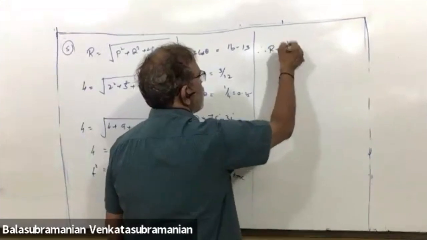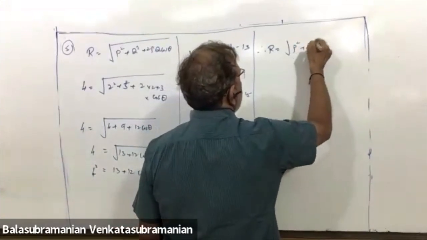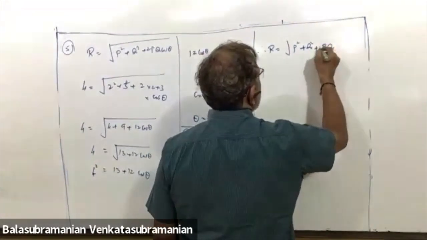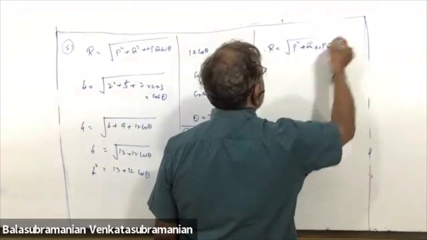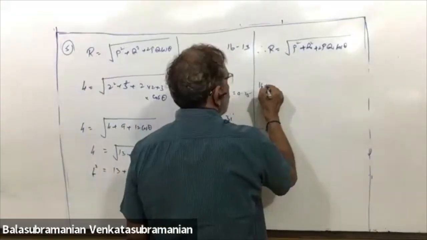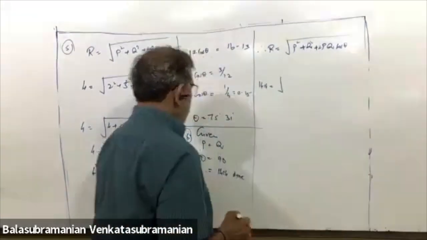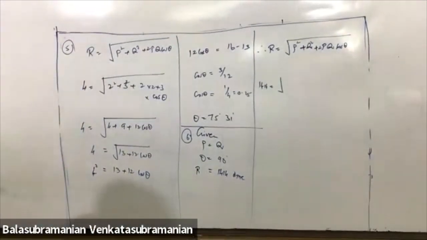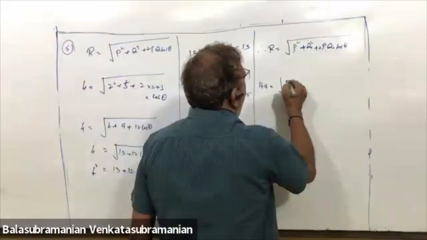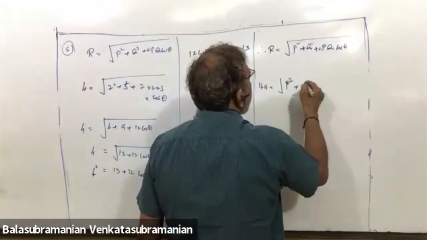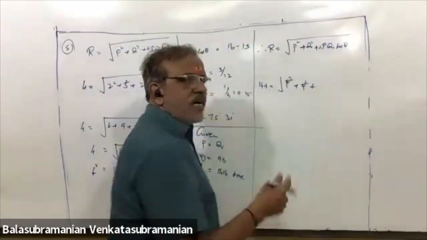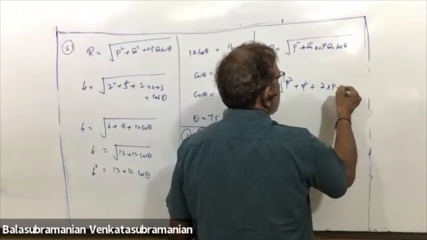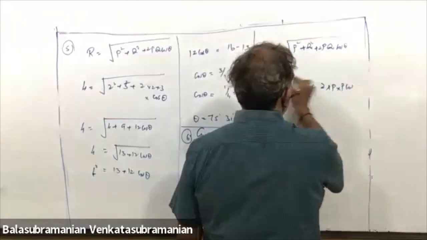Therefore, R is equal to root of P square plus Q square plus 2PQ cos theta. So 14 is root of P square, and Q and P both are the same, so that is also P square, so I can write 2P cos theta.